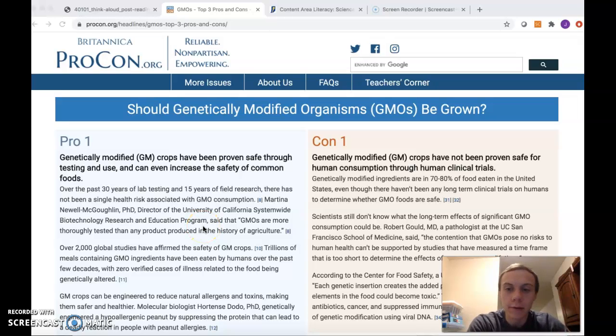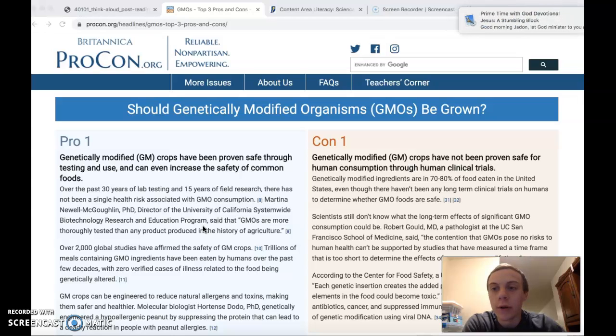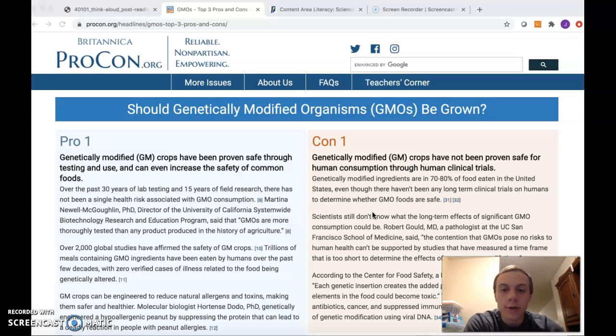Okay, so today in this mini lesson, we're going to be talking about genetically modified organisms, GMOs, and these are being used to increase crop yields. And when we talk about GMOs, there's some controversy in this topic, and as a result, we read through a pro-con article from Encyclopedia Britannica on should genetically modified organisms be grown.